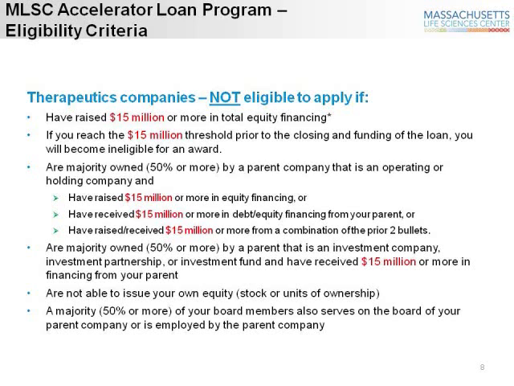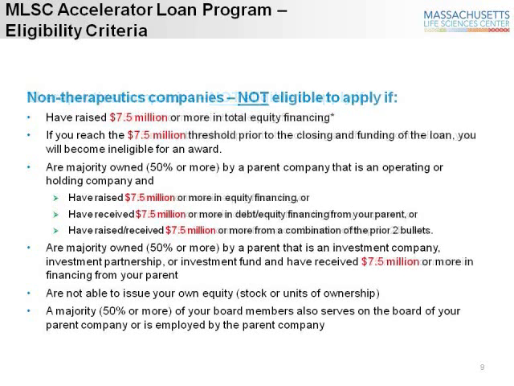Another critical requirement is that you are able to issue your own equity, stock, or units of ownership, and if you cannot, then you would not be eligible. And a final requirement is that a majority of your board members, if they are also serving on your parent company, then that would also disqualify you.